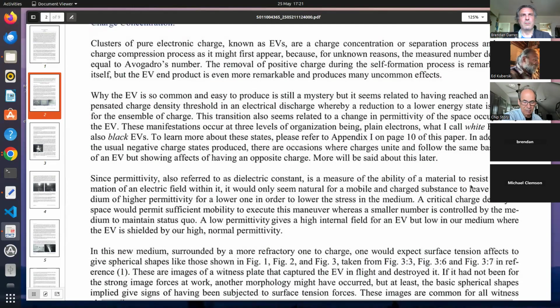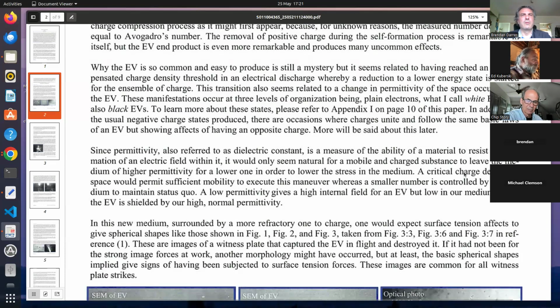Why the EV is so common and easy to produce is still a mystery, but it seems related to having reached an uncompensated charge density threshold in an electrical discharge, whereby a reduction to the lower energy state is stated for the ensemble of charge.